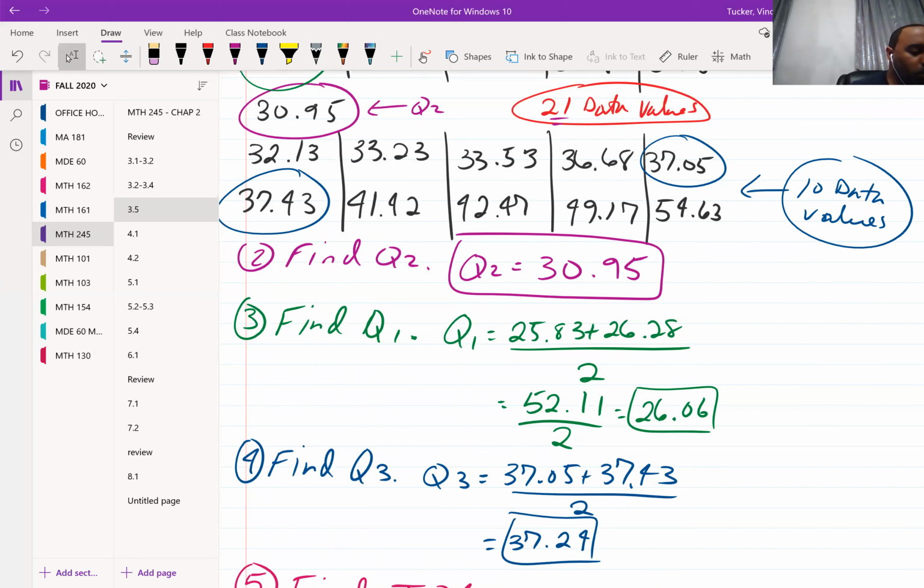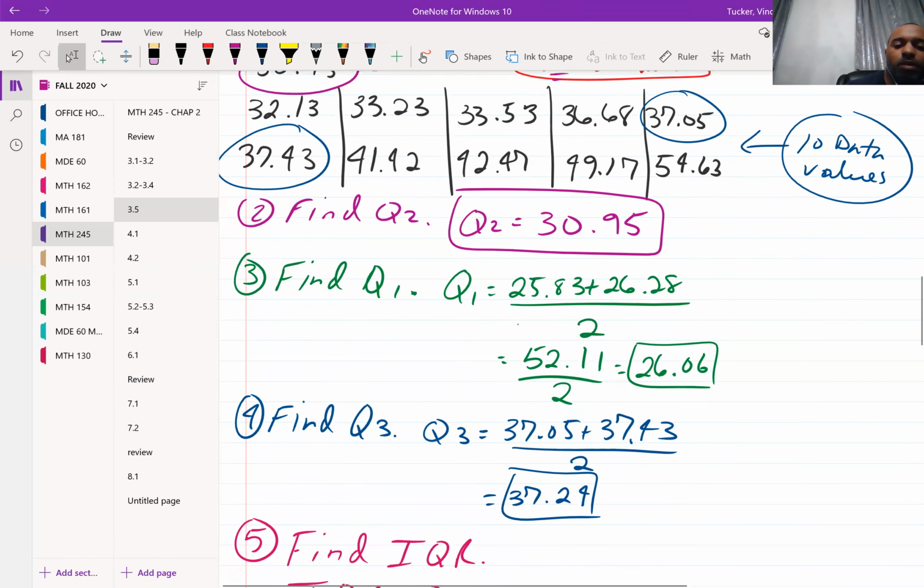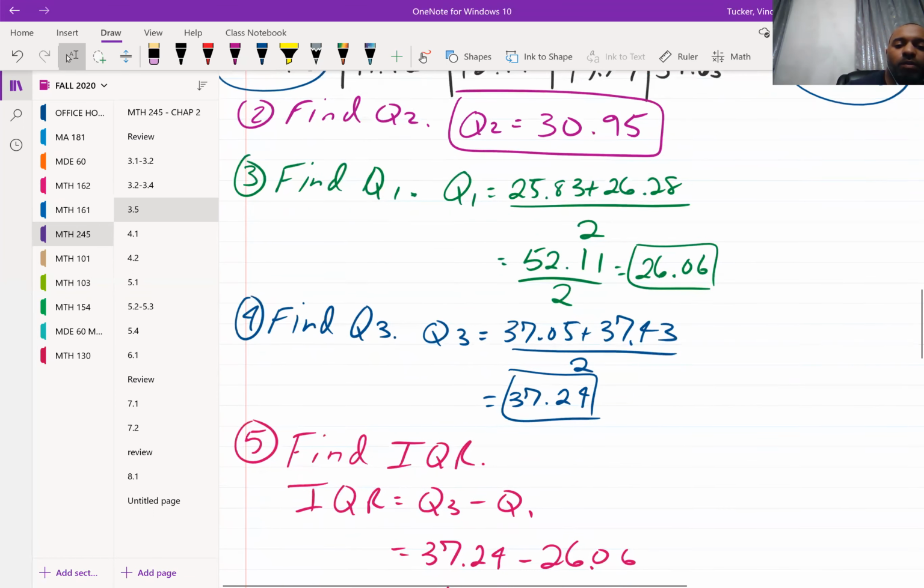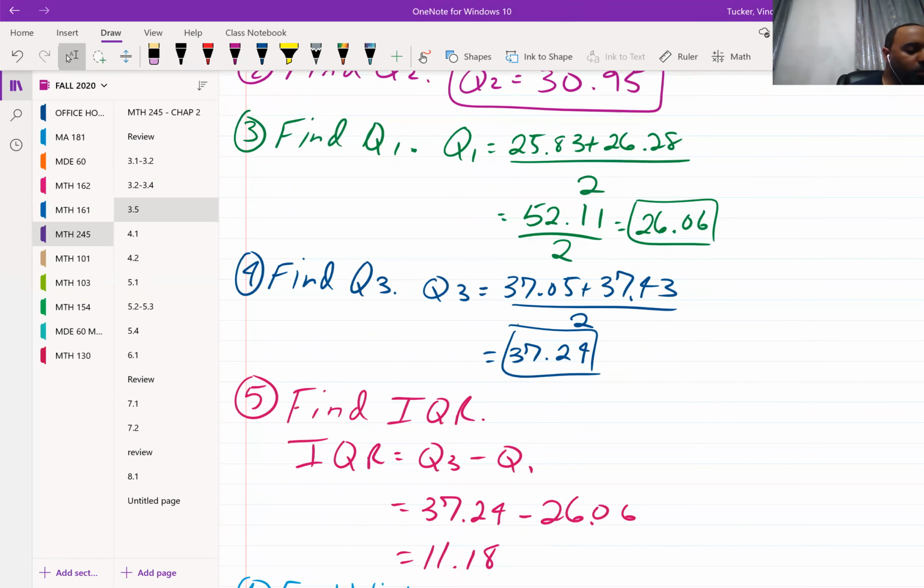Any questions? All right, IQR is Q3 minus Q1. So 37.24 minus 26.06 is 11.18.